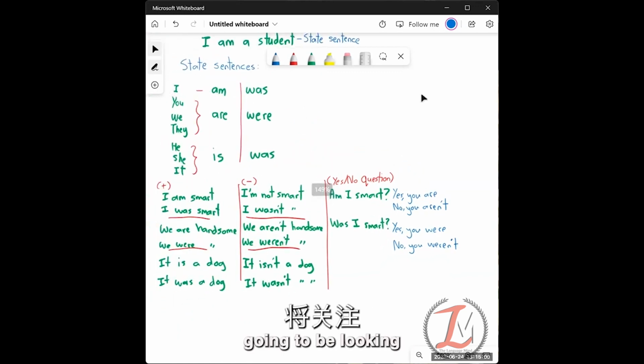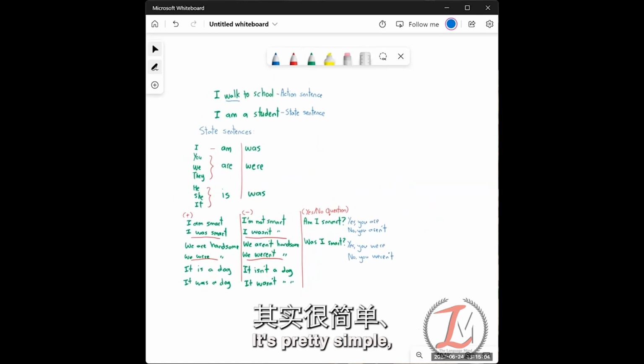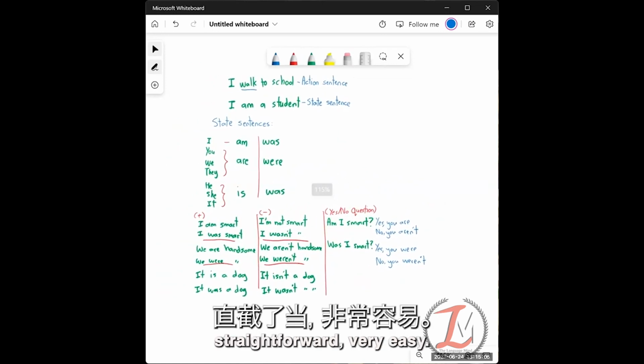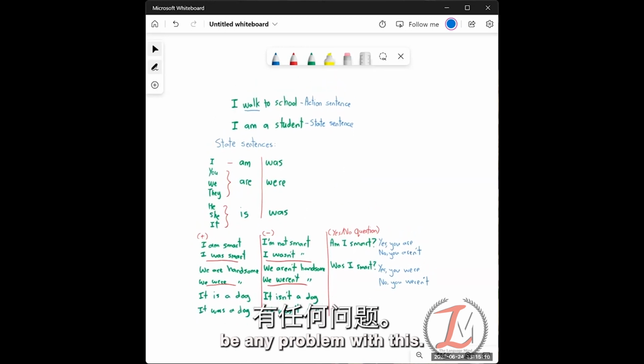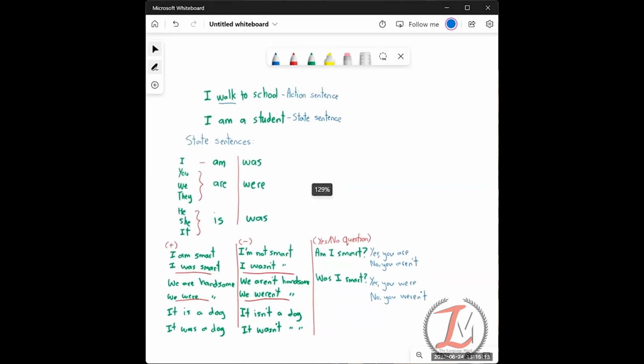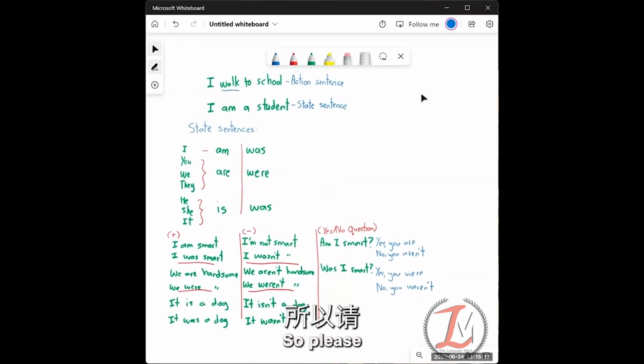Okay, so this is what you're going to be looking at for unit 1 for your level. It's pretty simple, straightforward, very easy. So there shouldn't be any problem with this. Okay, so please take a screenshot of this.